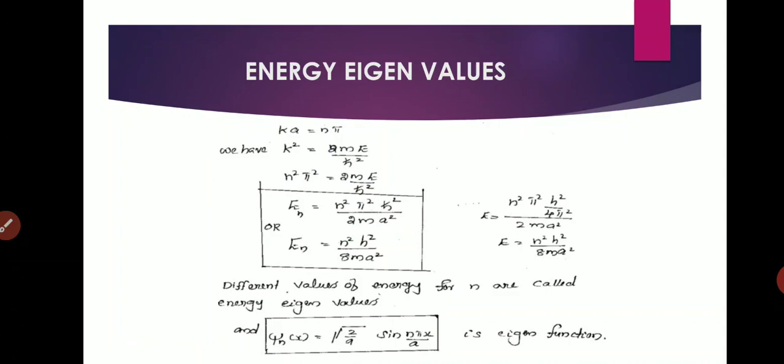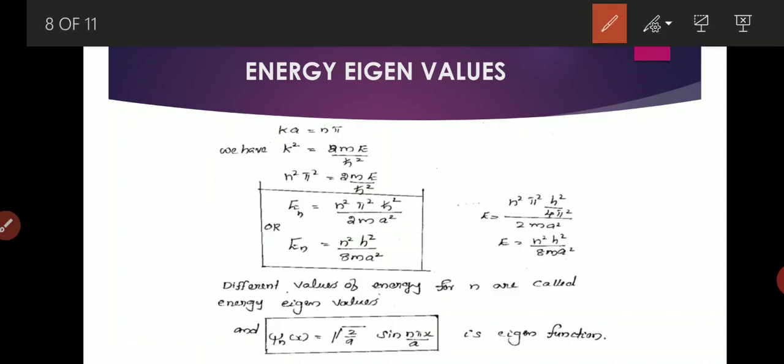Next is energy eigenvalues. We need to find the energy eigenvalues. So here we have ka is equal to nπ, or we have k² is equal to 2mE by ħ². So we can equate these two: n²π² is equal to 2mEa² by ħ², or En is equal to n²π²ħ² by 2ma², or En is equal to n²h² by 8ma².